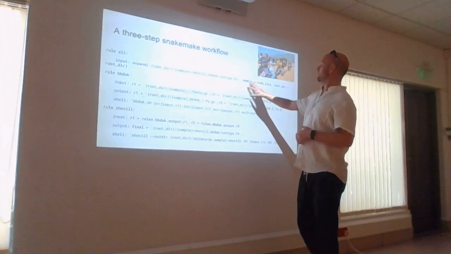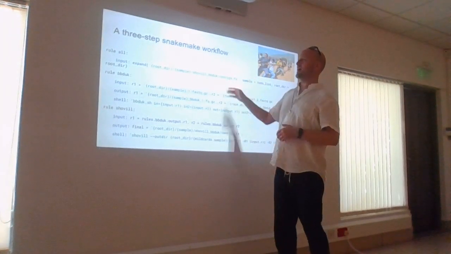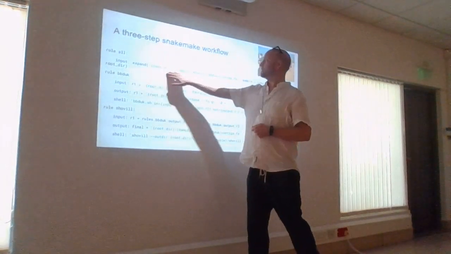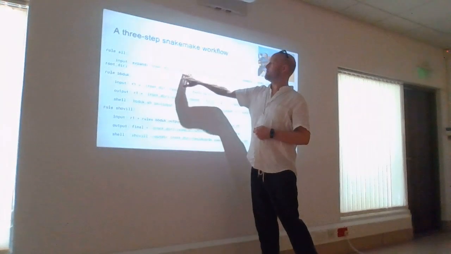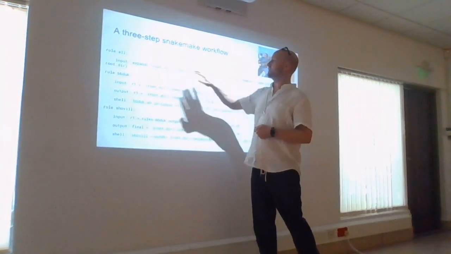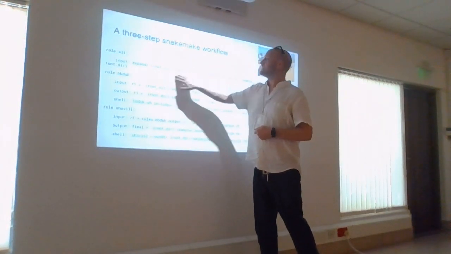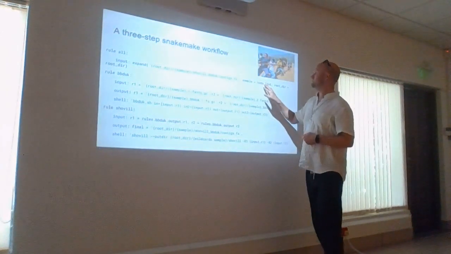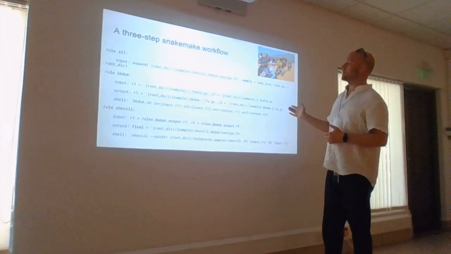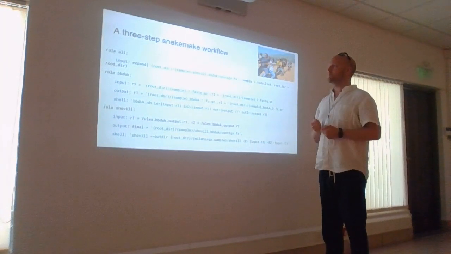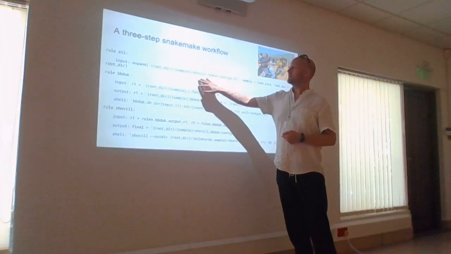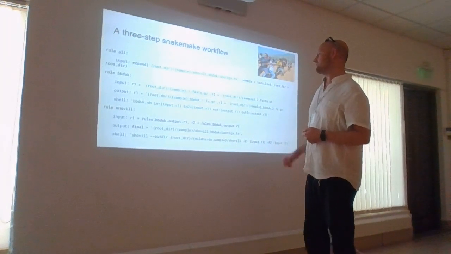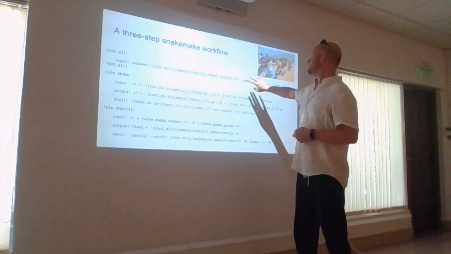Then for every sample in the to-do list, it's going to say, before I can finish, I need files to exist for everything that matches this kind of regular expression, where sample is every sample in the to-do list. And so it says, okay, I need something for all of those. Okay, how do I make that? Oh, sorry, what's the output that gives me that input?